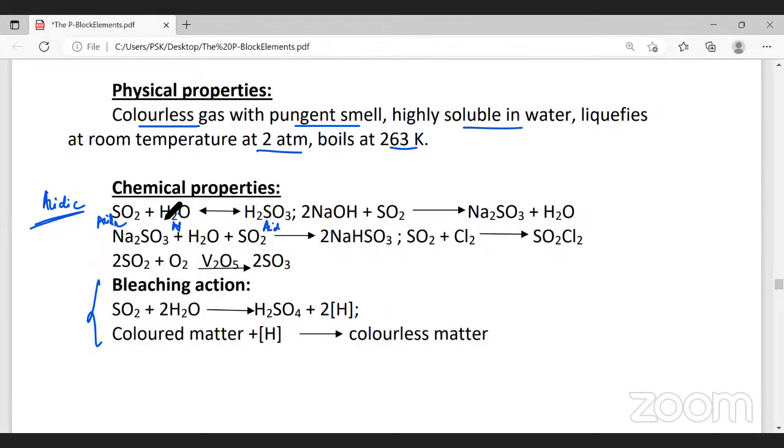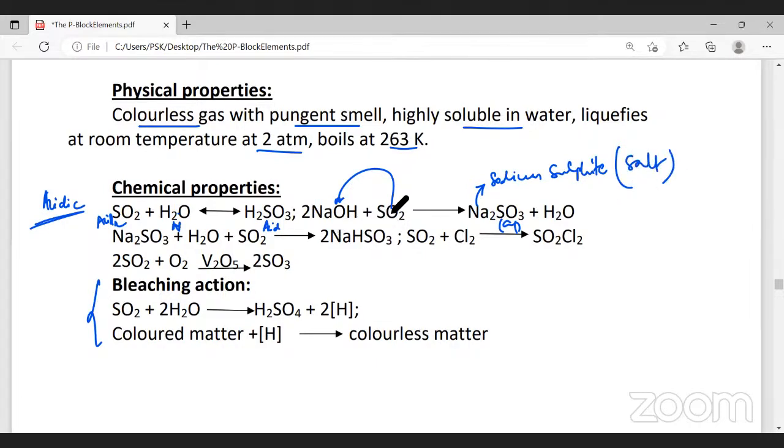The second reaction which proves that sulfur dioxide is acidic is when you pass sulfur dioxide gas into aqueous sodium hydroxide solution. We get aqueous sodium sulfite, which is a salt.